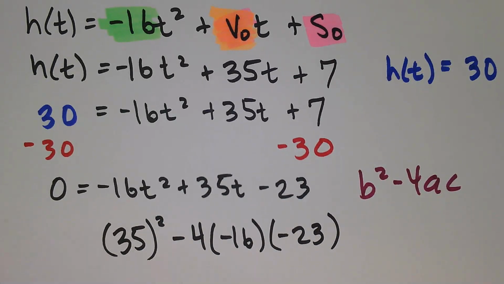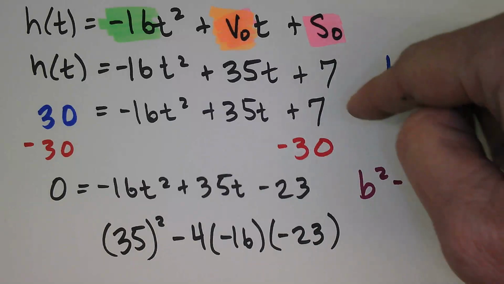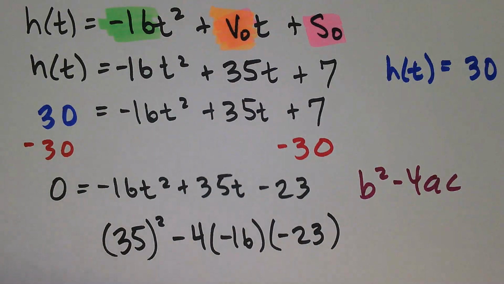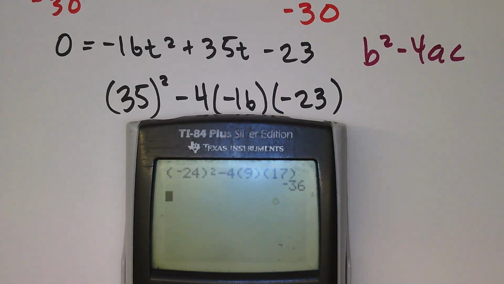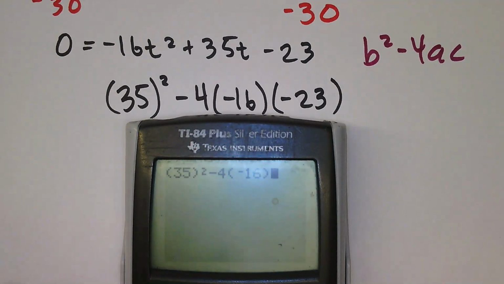Really, what we're only interested in here is the sign on this number. Is it positive or is it negative? If it's positive, this works. If it's negative, that means this has a complex solution, which means the ball never hits 30 feet. So we're going to do 35 squared minus 4 times negative 16 times negative 23.